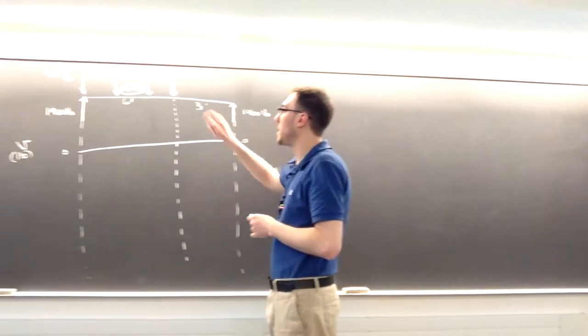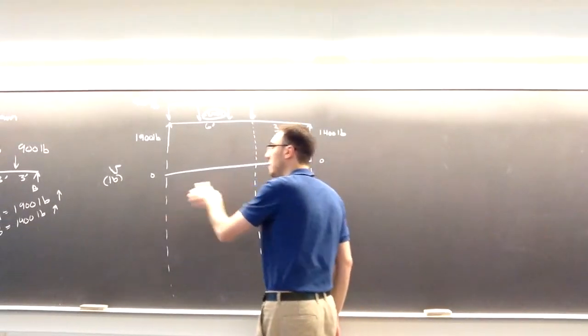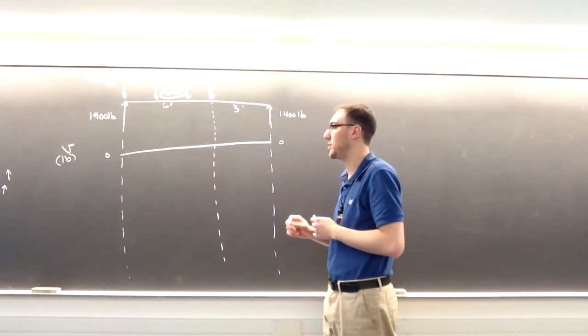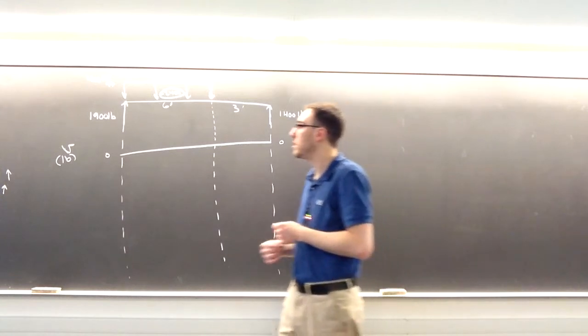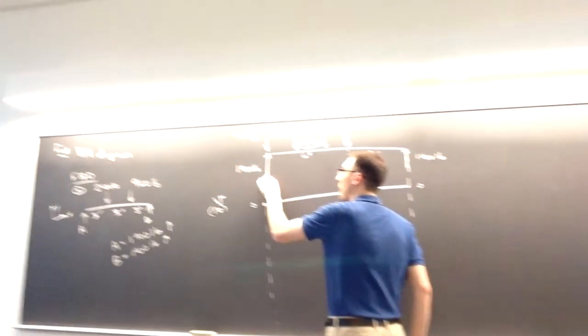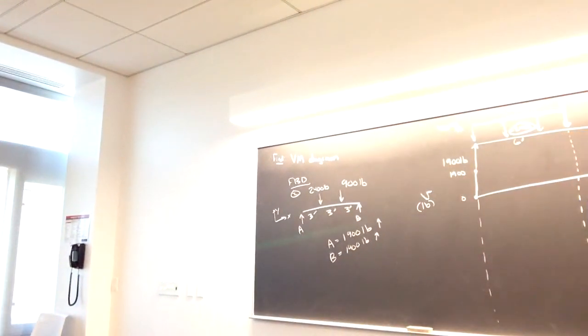Right, so now I just follow my loading diagram to draw my V diagram. I have to see what's happening on the lines and between the lines for instantaneous changes and gradual changes in the value of V. So at the extreme left, I'm starting at 0, and immediately I go up by 1,900 pounds because of that point load pointing up.